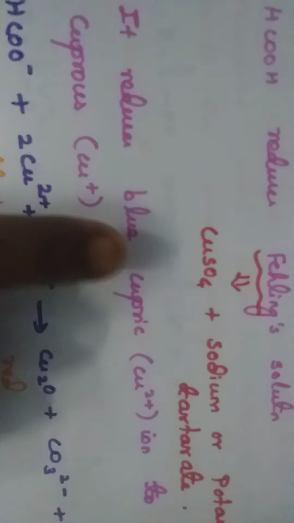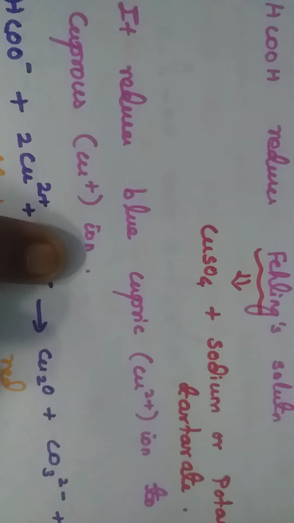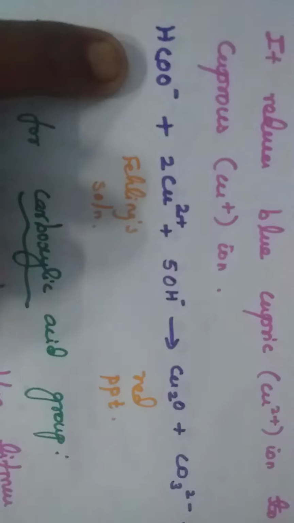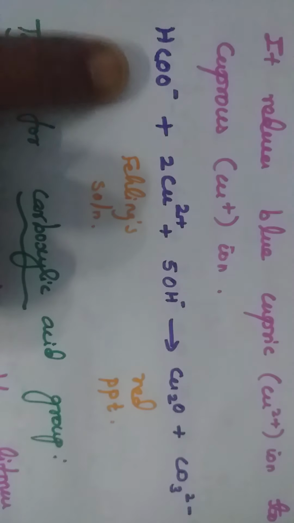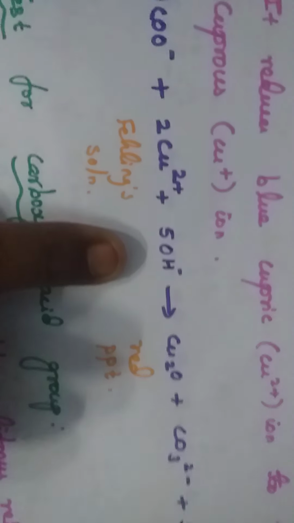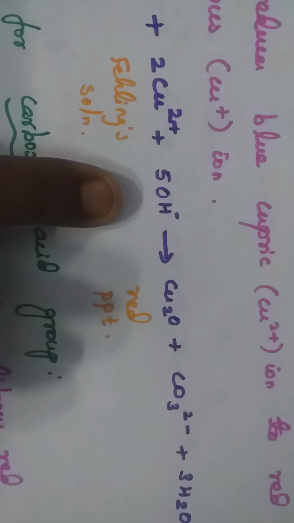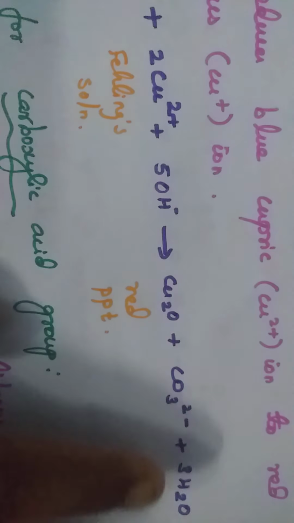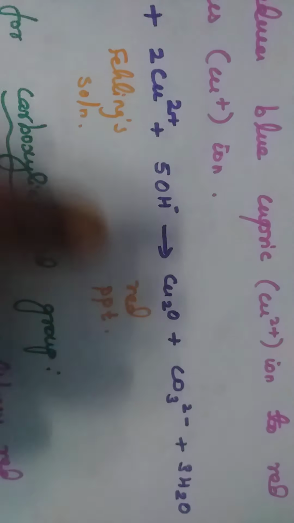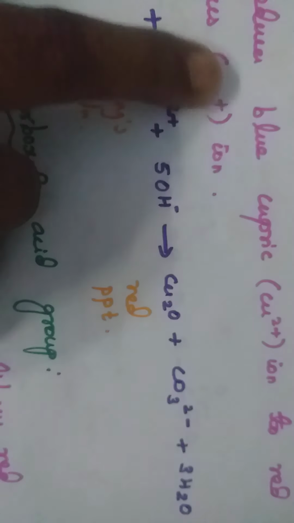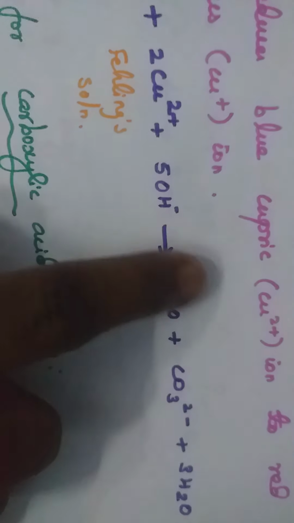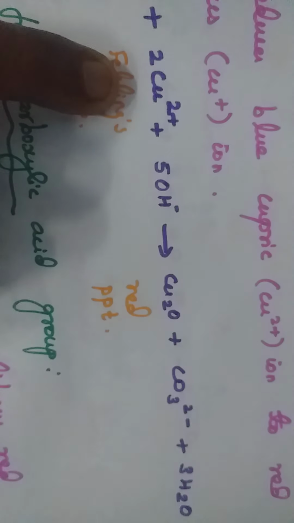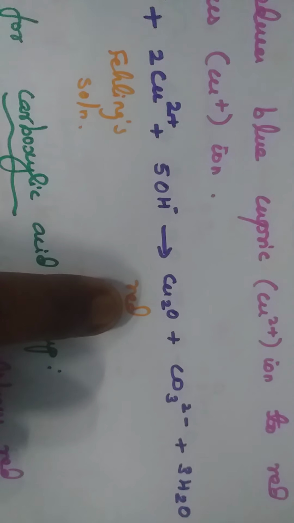That means HCOO- plus Cu2+ plus 5OH- gives Cu2O plus CO3 2- plus 3H2O. So Cu2+ cupric is reduced to cuprous Cu+. This is blue in color and this is red in color.